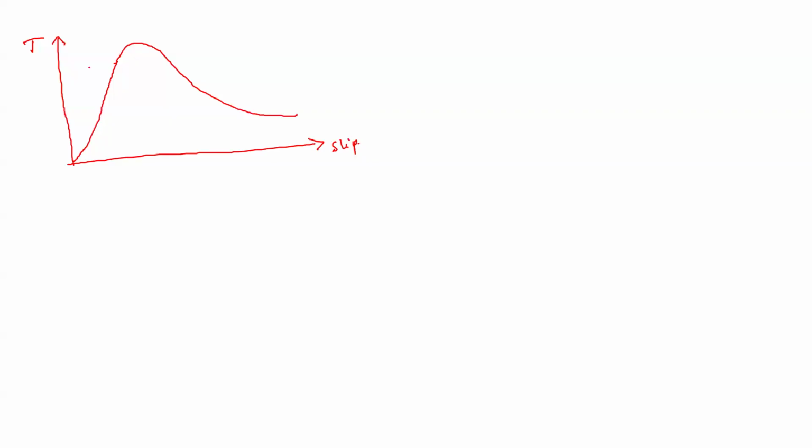Now, this was the old torque slip characteristic, so I'm writing it as T old. Now, what is happening to the new torque slip characteristic? This is slip equal to 0 and this is slip equal to 1.